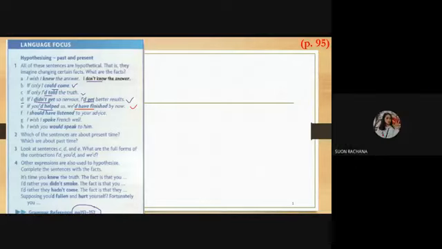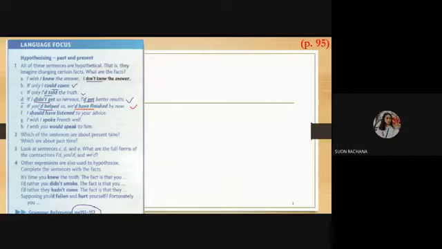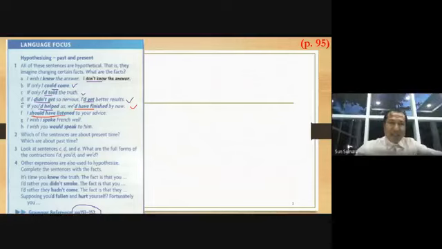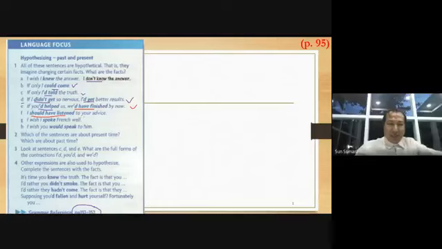Letter F is: I didn't listen to your advice. If I should have listened to your advice, I didn't listen to your advice. Yeah, okay. So something here.